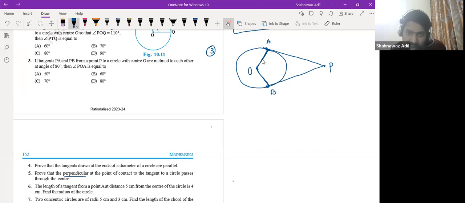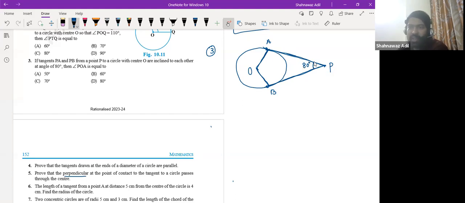What they have given is that if tangents PA and PB from a point P to a circle with center O are inclined to each other at an angle of 80 degrees, right?